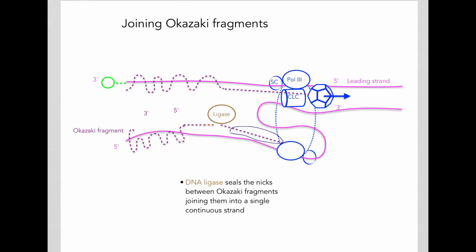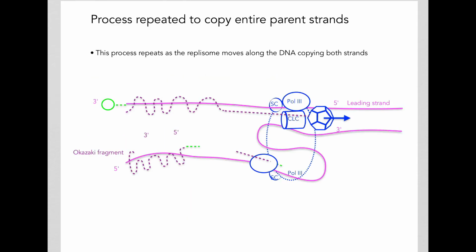The Okazaki fragments are then joined together by an enzyme called DNA ligase, which seals the nicks between the Okazaki fragments, joining them to form a single continuous strand. This process is repeated as the replisome moves along the DNA, copying both strands.